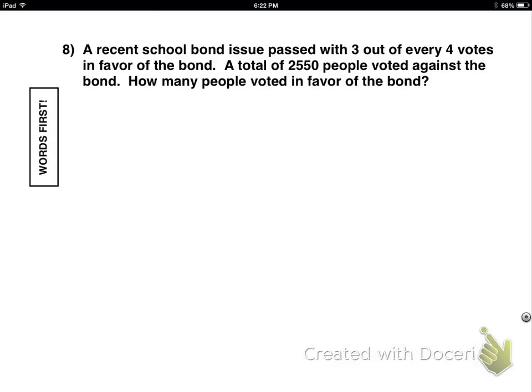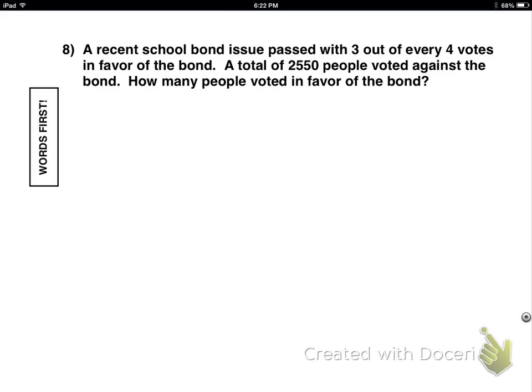And the final example is regarding a recent school bond issue in which 3 out of every 4 votes were in favor of the bond. A total of 2,550 people voted against the bond, however, and we want to find out how many voted for the bond.